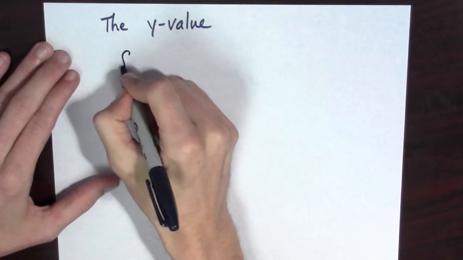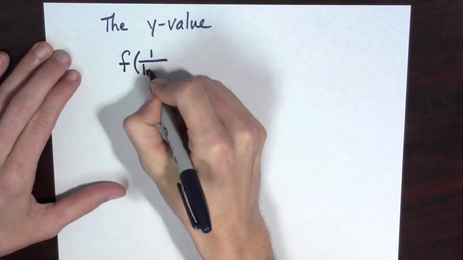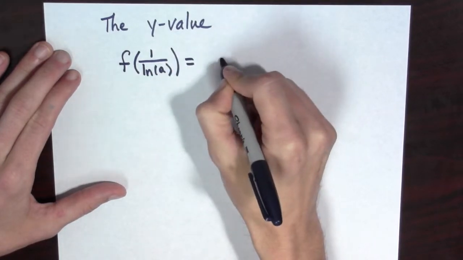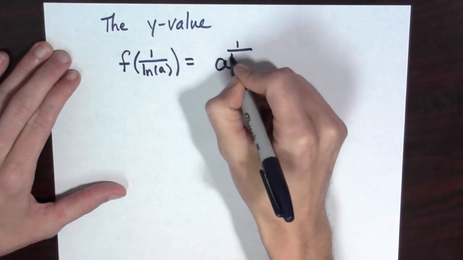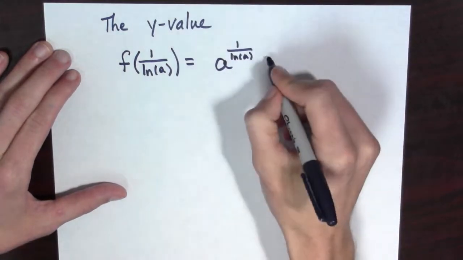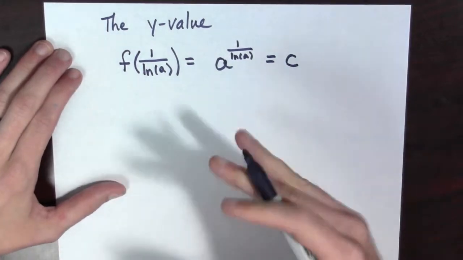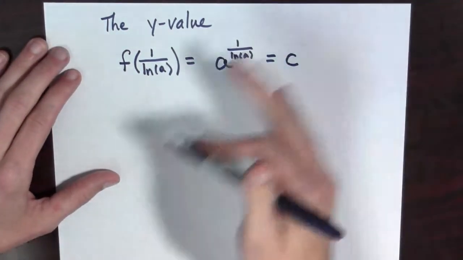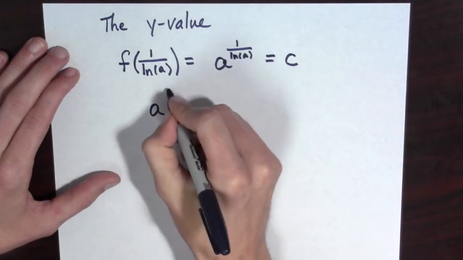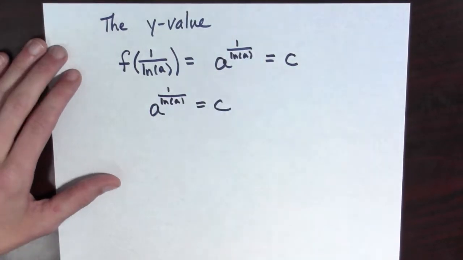Well, the y value is f of 1 over natural log of a, which is equal to a to the 1 over natural log of a. I don't know what this is, so I'm going to set it equal to some number c and do some work to figure out what this must be. So I have a to the 1 over natural log of a is equal to c.